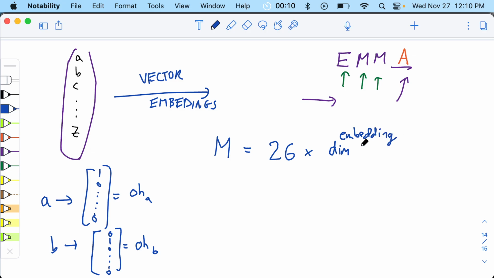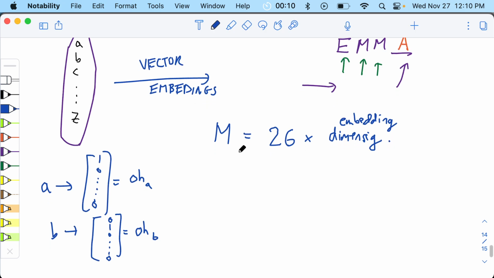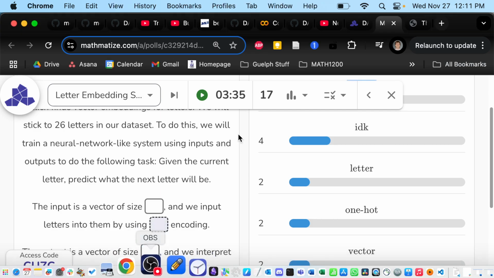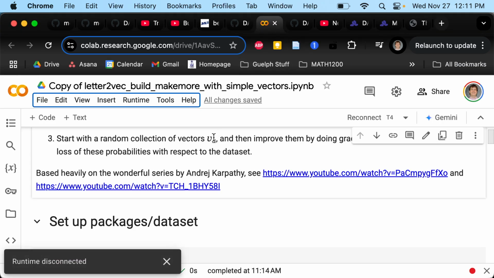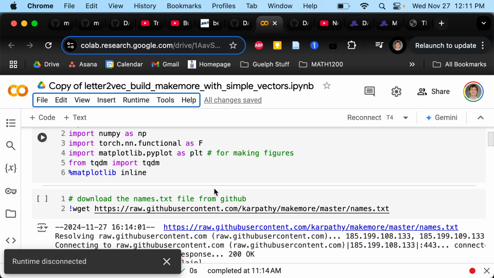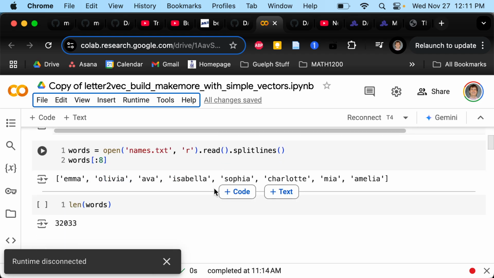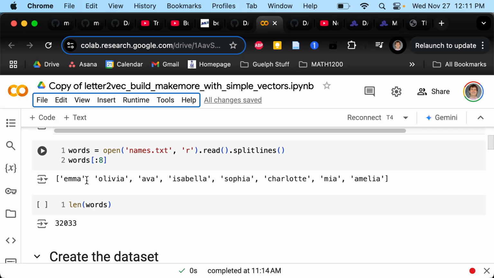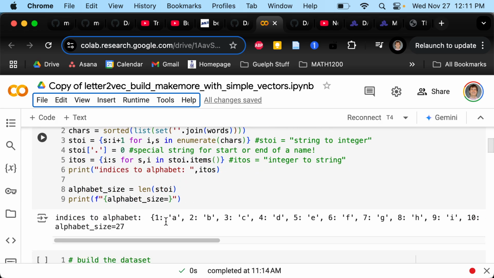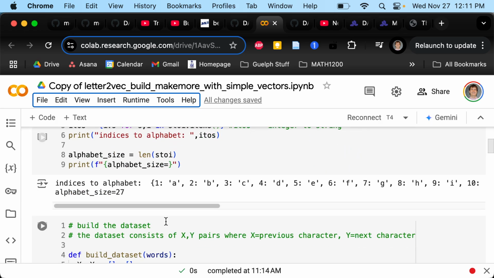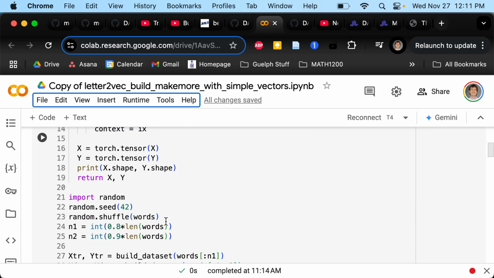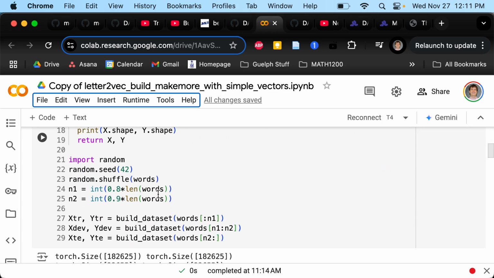And then you get the embedding by doing matrix multiplication. Do I want it the other way? Actually, let's see what I did in the code. Let's go to the code and just see what I did. Downloading, this is our data set. Emma, you see Emma's the first example. And what did I make the size of the matrix?